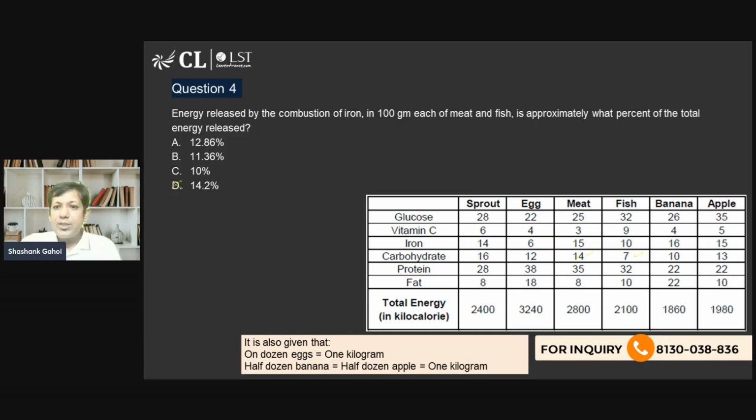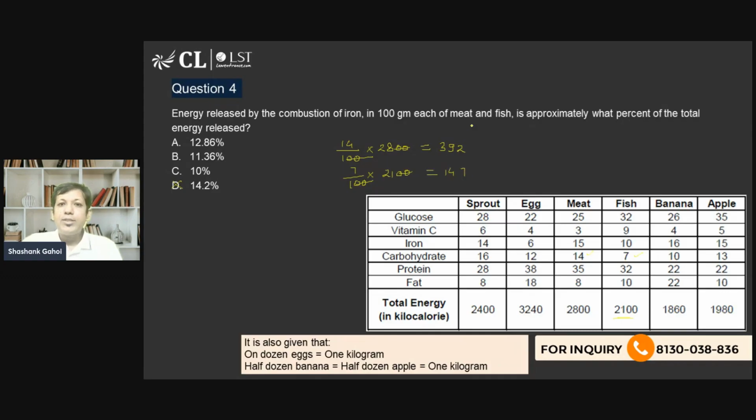Okay, and meat is generating how much? 14% of 2800. So 14 by 100 of 2800. That is going to be 14 into 14 is 196, 196 into 2 is going to be 392. Fish is going to be 7% of this, 7 by 100 into 2100, so it is going to be 147.